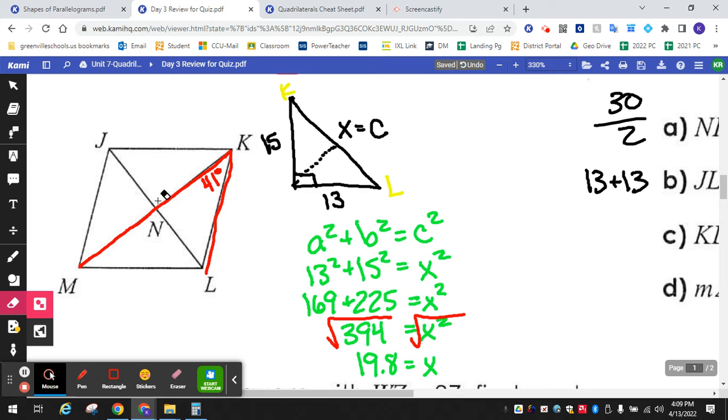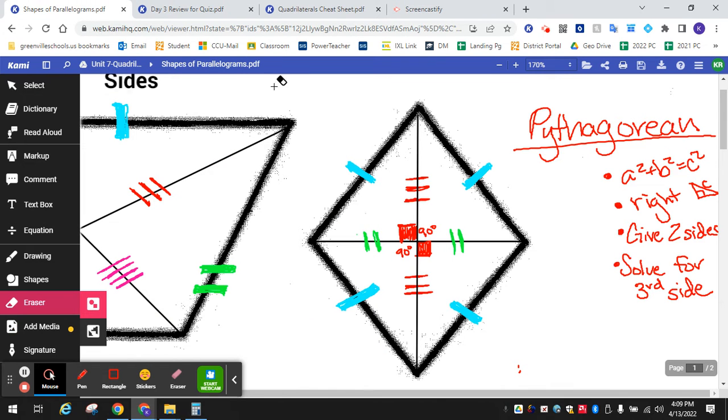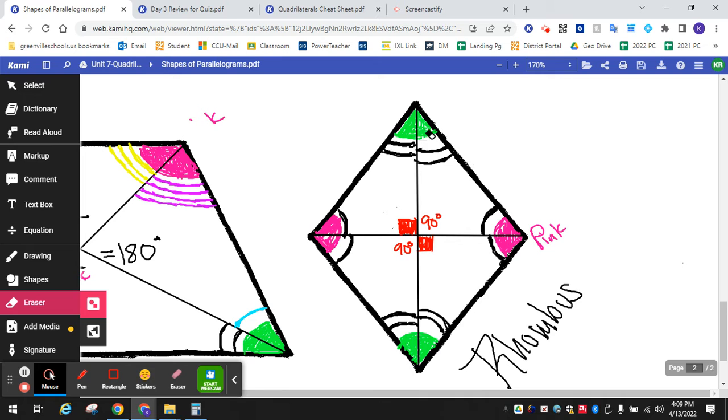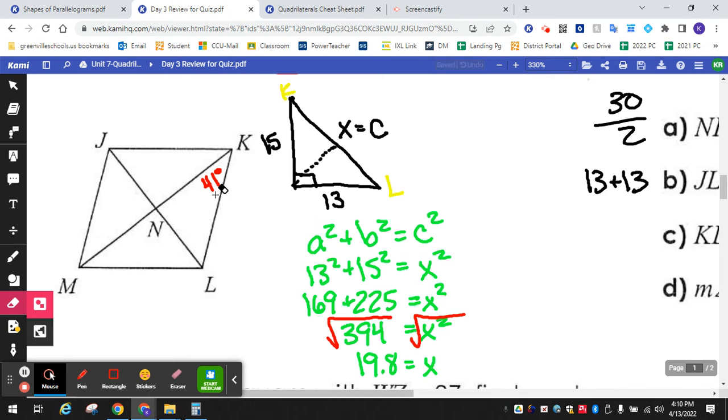And in a rhombus, hopefully you have your cheat sheet. Now we're on angles, the back page. Opposite angles are equal, and your diagonal does bisect your angle. It cuts them in exactly half. So 41 is those two dash marks. We have those two dash marks in three other places. So if this is 41, then this is 41, and right across from it, that's 41, and that's 41.